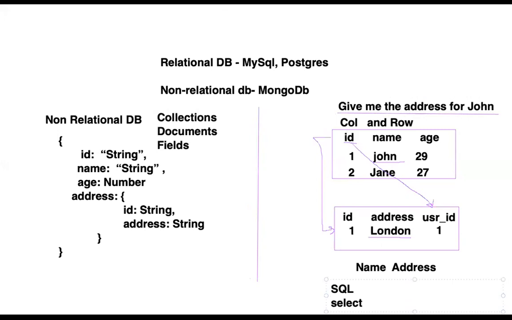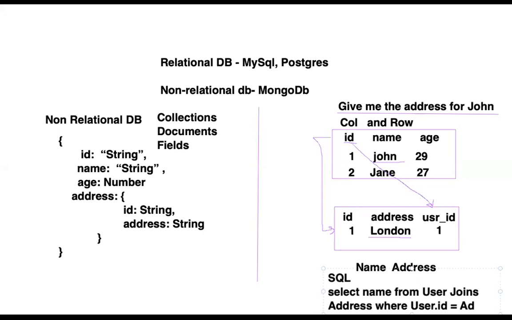So we will say select name from user join address, let's say, where user.id is equal to address.user.id. तो हमने एक क्वेरी की है.